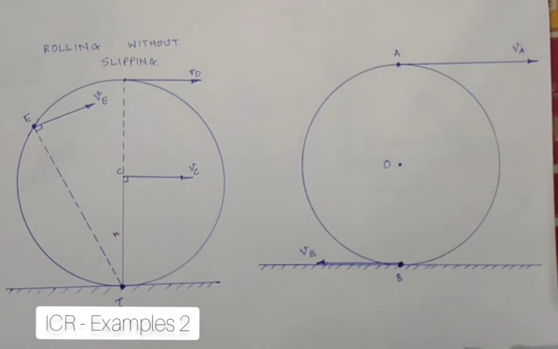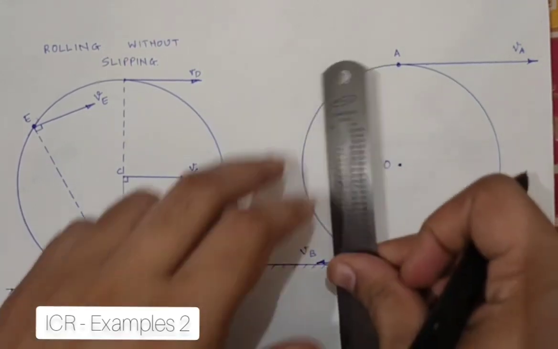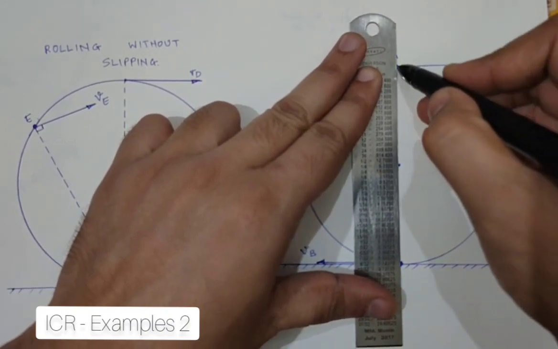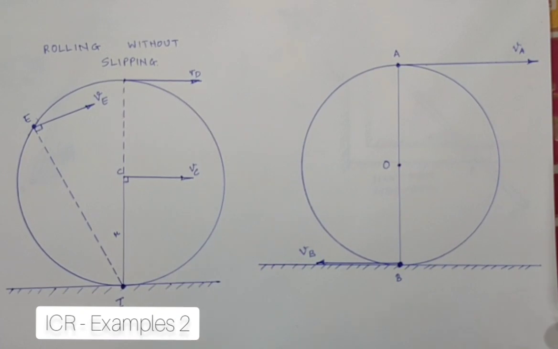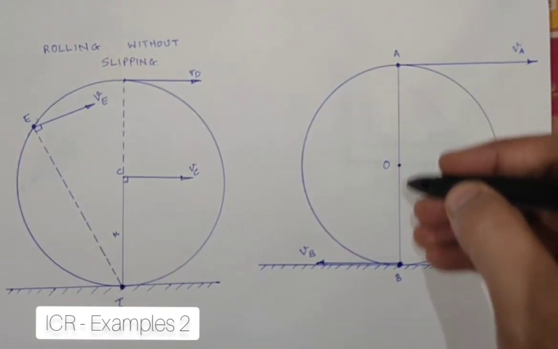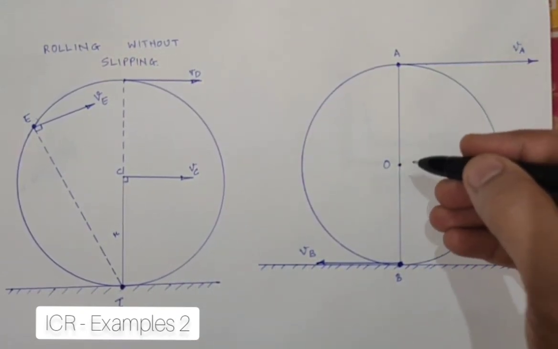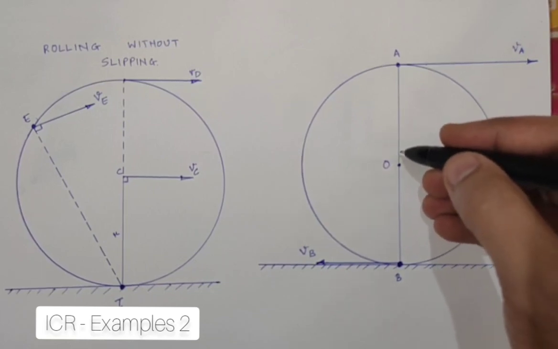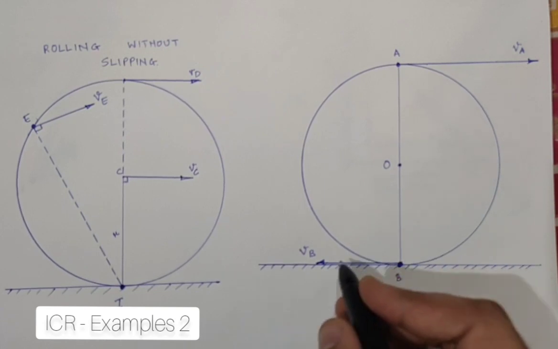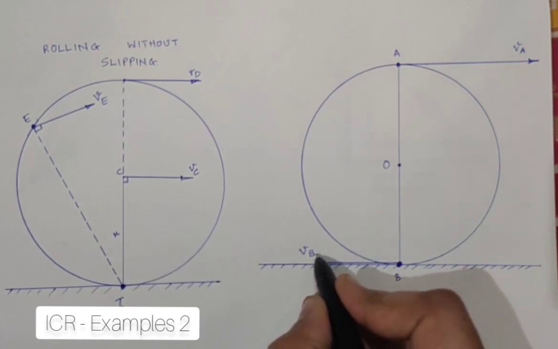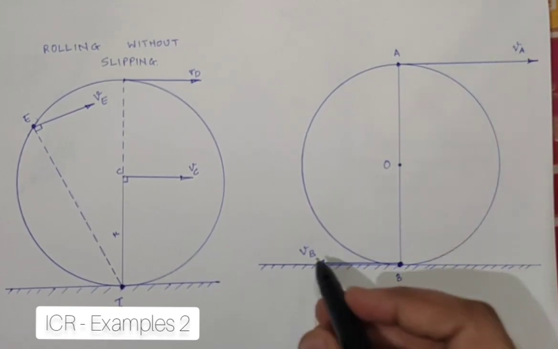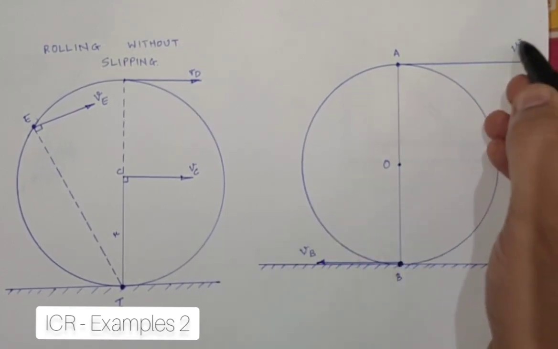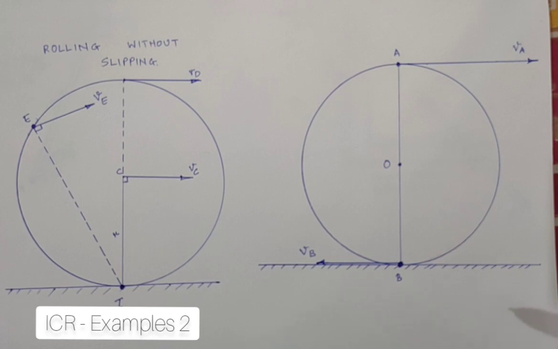But the problem is that if I draw the perpendiculars from both of them, the perpendiculars will meet each other over here in this way. So where exactly is my ICR? That is the question. The ICR in such cases cannot directly be located. For such a case, I have to know the velocities VB and VA. Most likely they will always be given in the problem.